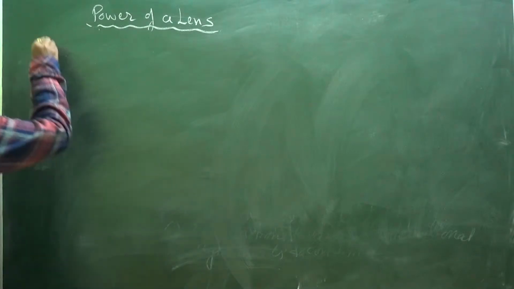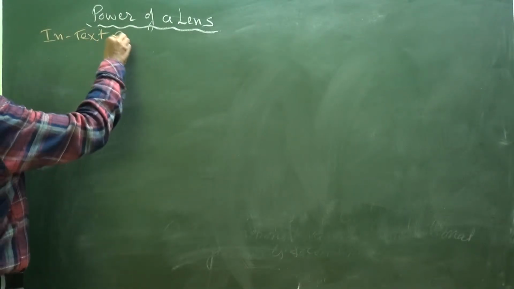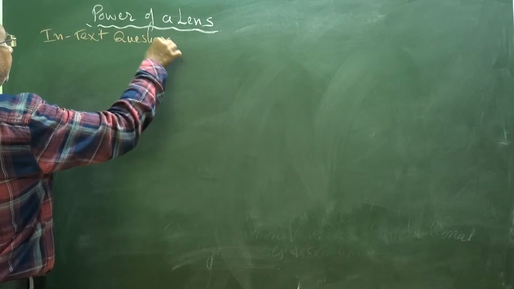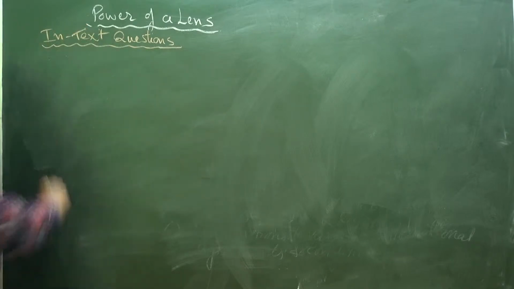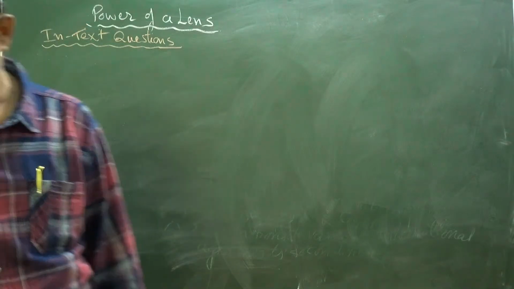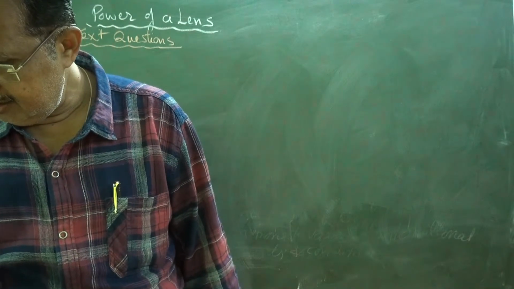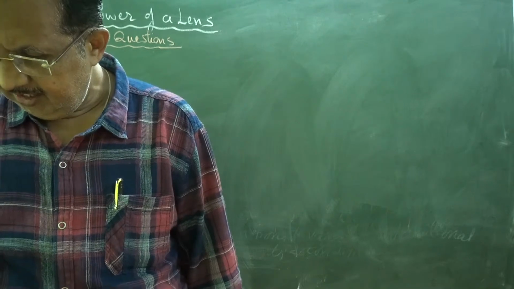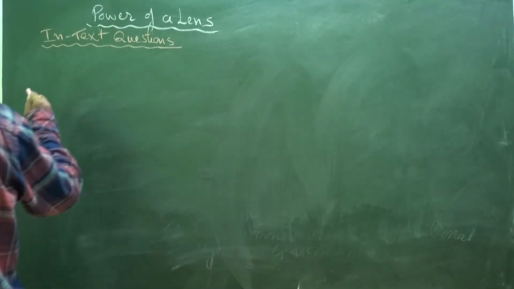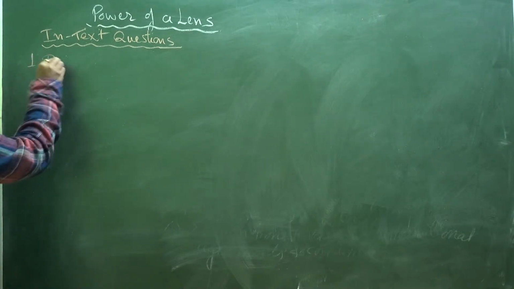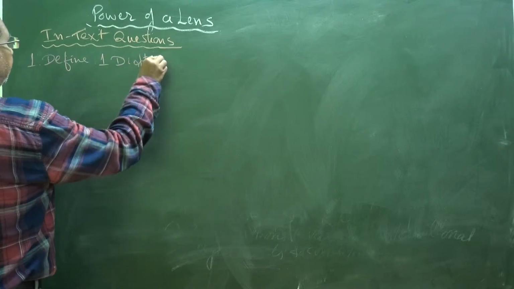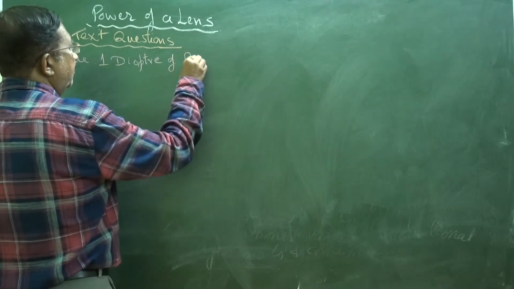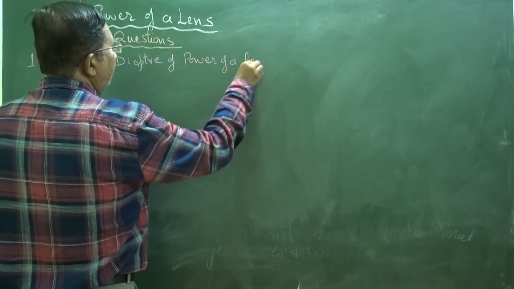Write down the heading: in-text questions. First one, write down: define 1 diopter of power of a lens.